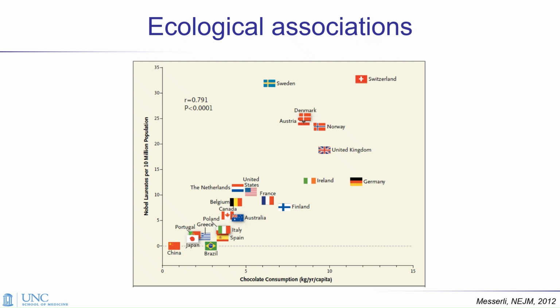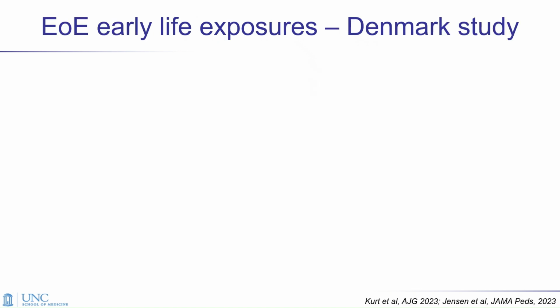Where else are we looking for associations and potential clues into risk factors for EoE from the epidemiology standpoint? One place would be looking at early life exposures. In other words, things that happen to babies early in their life, typically under the age of 1, where it's a sensitive time for development of the immune system, and factors that are in the environment may impact that immune system development and predispose the immune system from becoming tolerant to things in the environment they should be tolerant to.